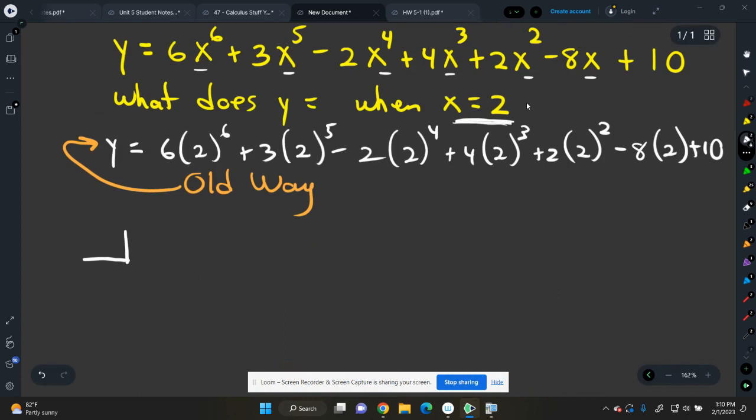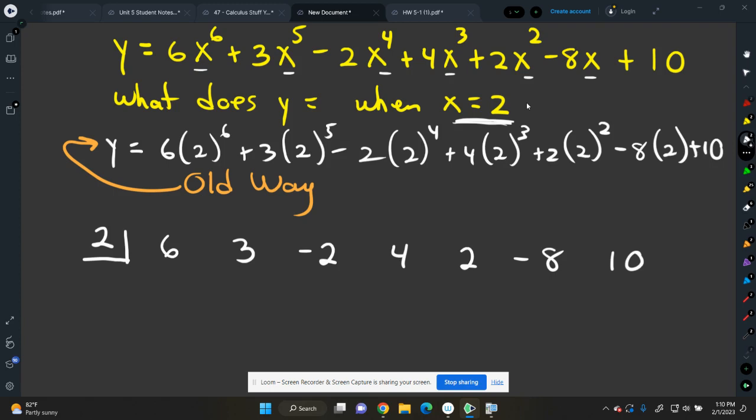We're just going to use the 2 the way it is. Everything else is the same. We're going to write our coefficients: 6, 3, negative 2, 4, 2, negative 8, 10. Everybody writing this down in their notes.